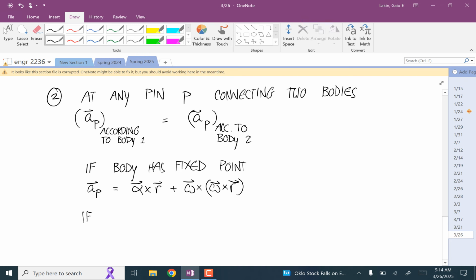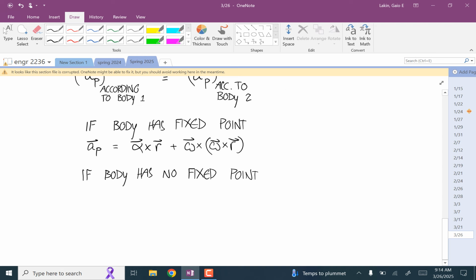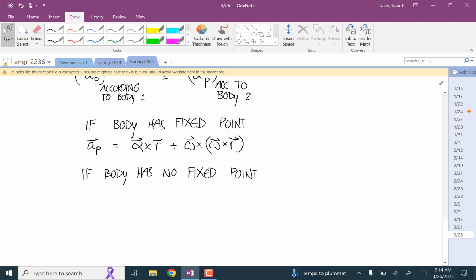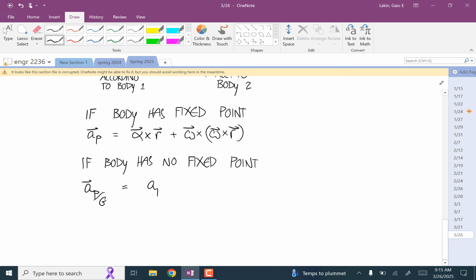If the body has no fixed point, then we're going to use that the acceleration of P relative to the ground is equal to the acceleration of P relative to the center of mass plus the acceleration of the center of mass relative to the ground.